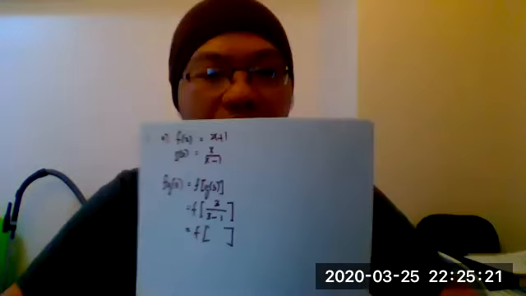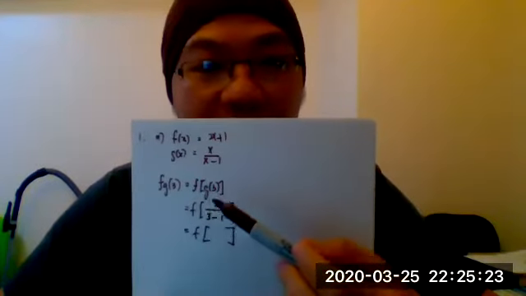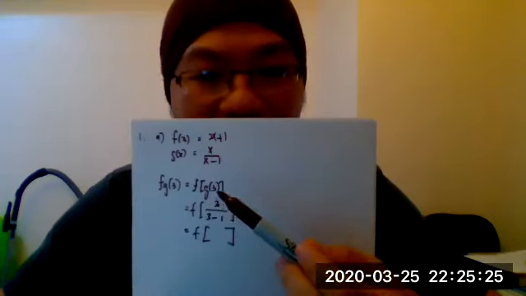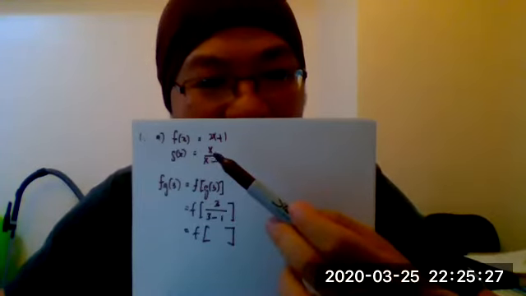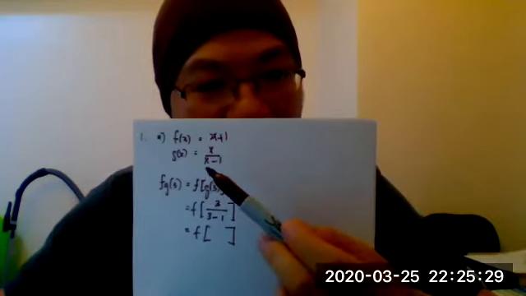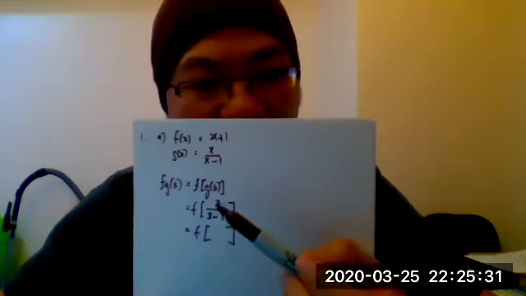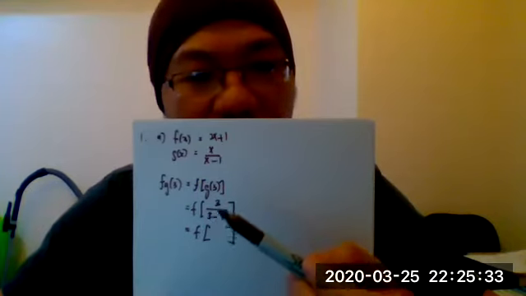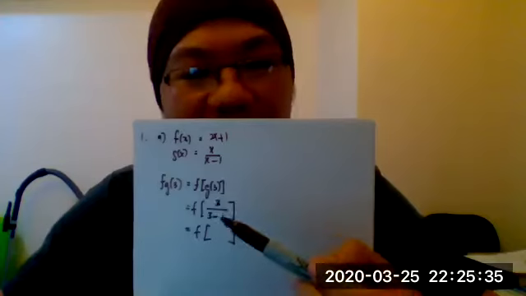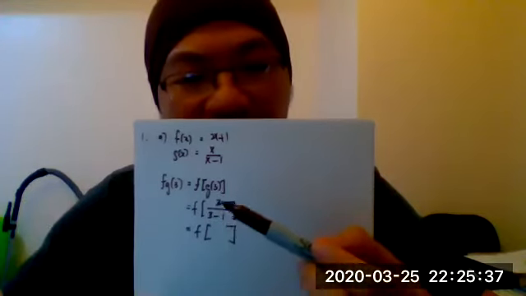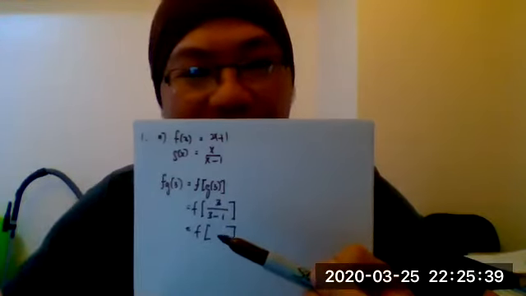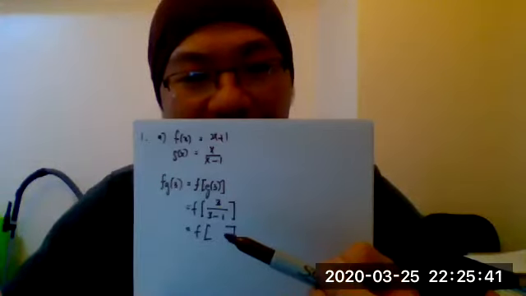So fg3: the 3 we need to replace into the function g. What is the answer after you compute this? 3 over 2.